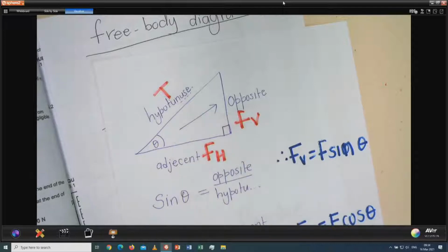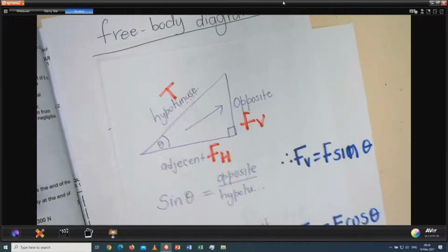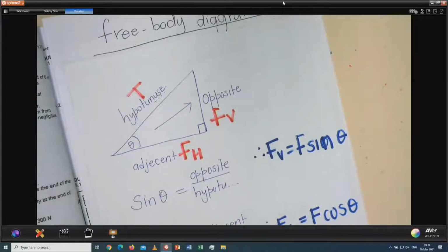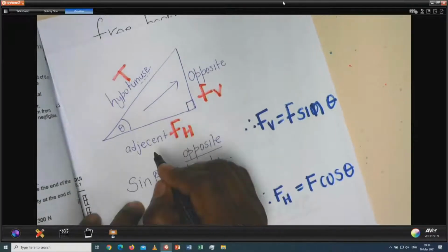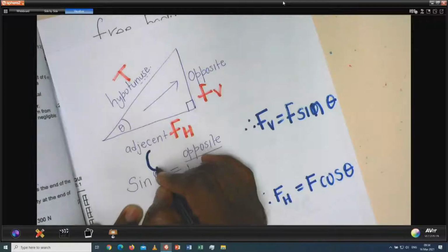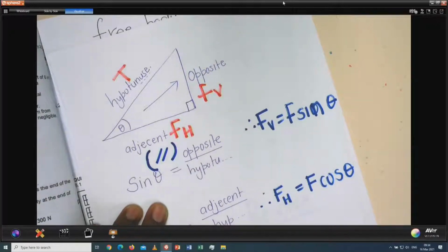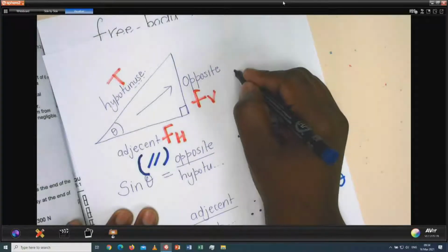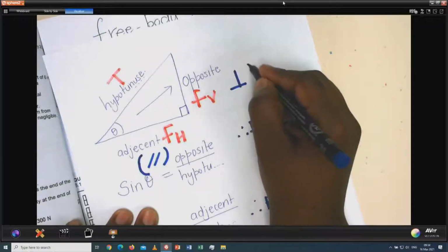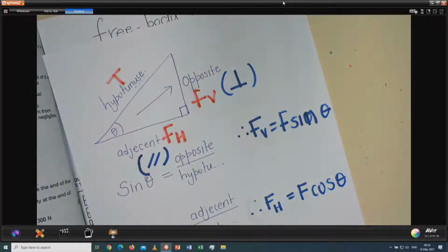That means that there is a component which is doing work and there is a component which is not doing work. Now, let's see. This horizontal component is parallel to the motion, and this vertical component is perpendicular to the motion.